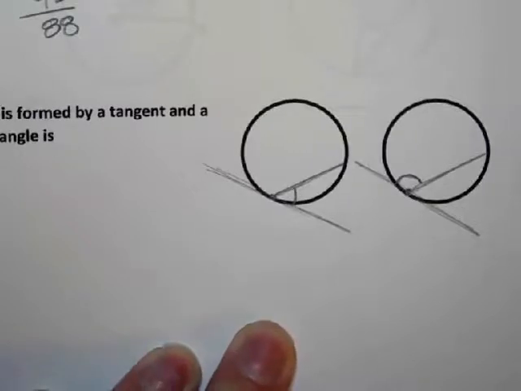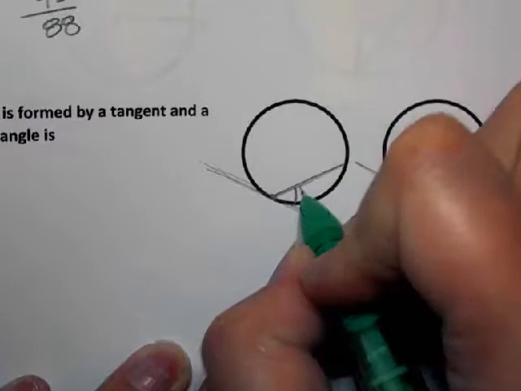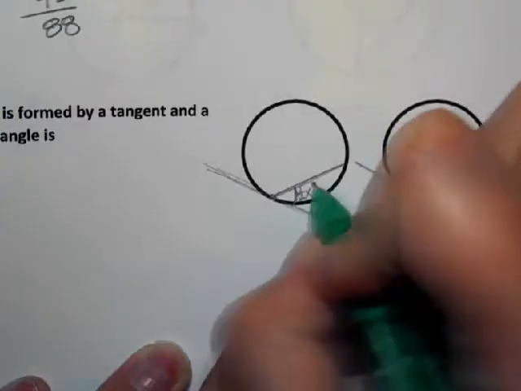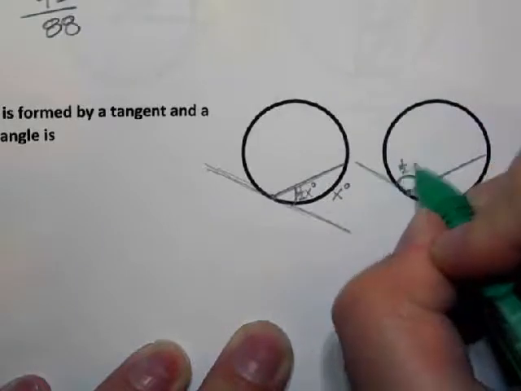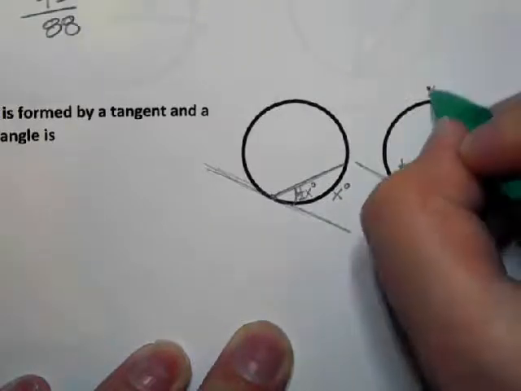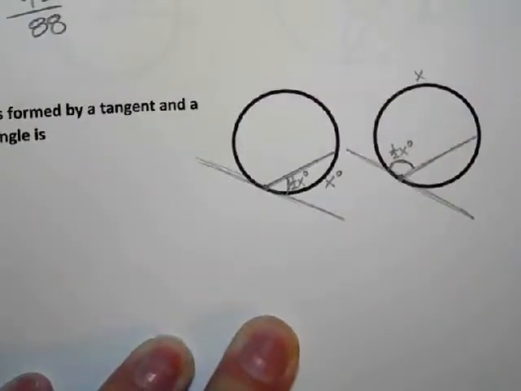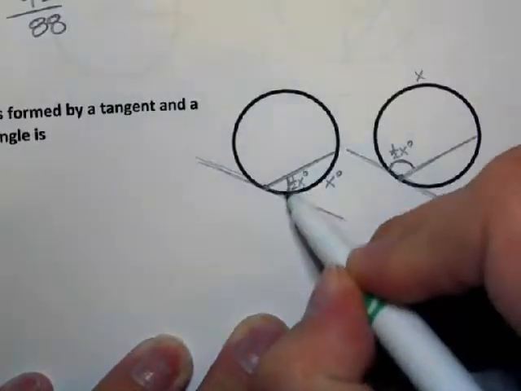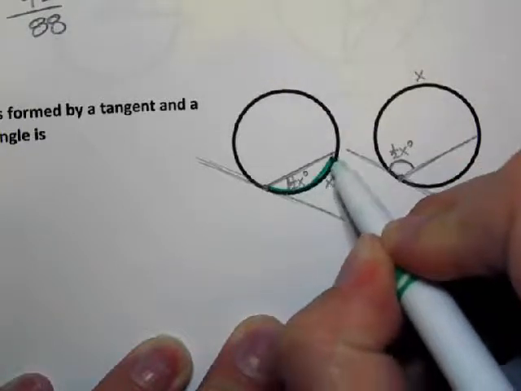So here the relationship is 1/2 x is the angle, and x is the arc, or 1/2 x is this angle, and x is this arc. And so I'm going to show you guys, so the angle is what I marked there. Here is the arc. This is kind of the weird one. There's the arc inside here. So it's kind of strange. I don't know if you could see that.